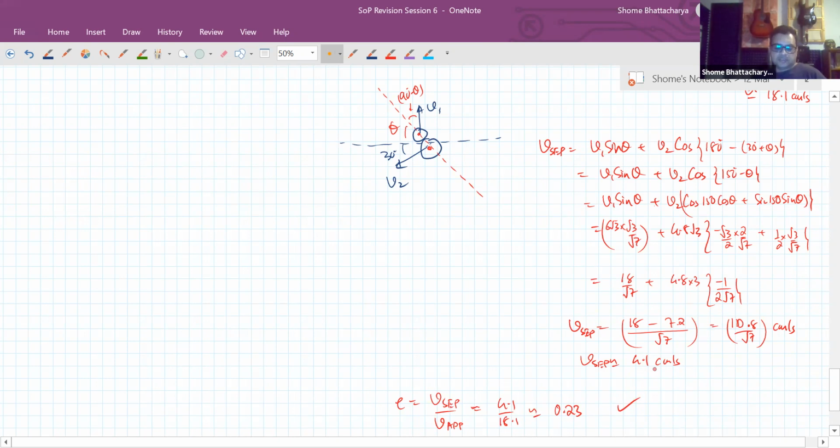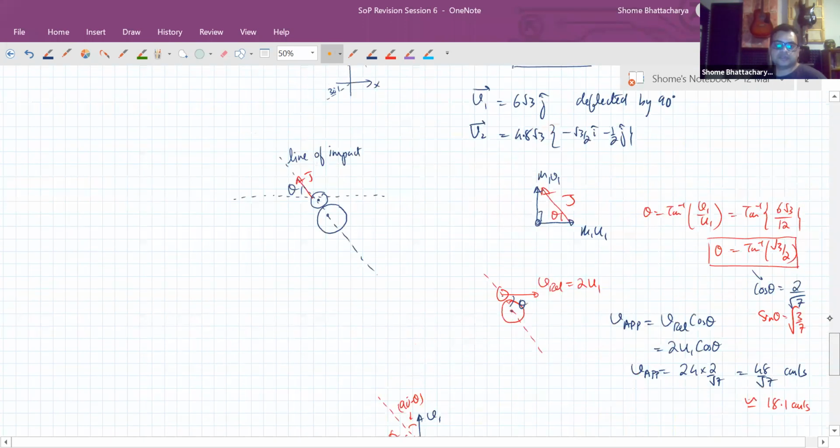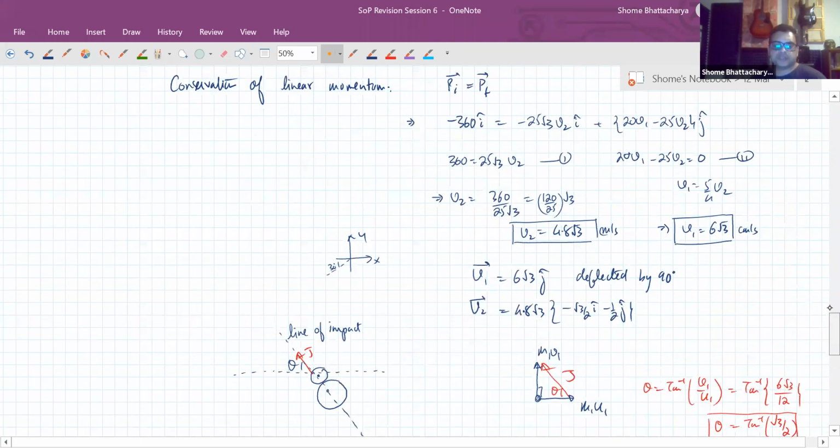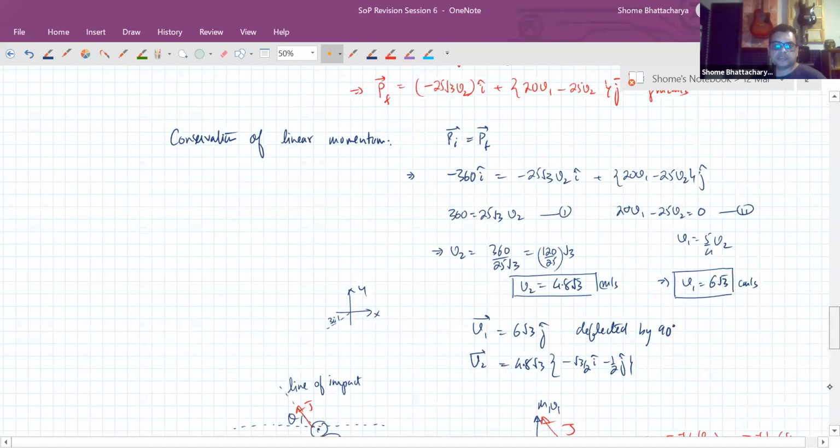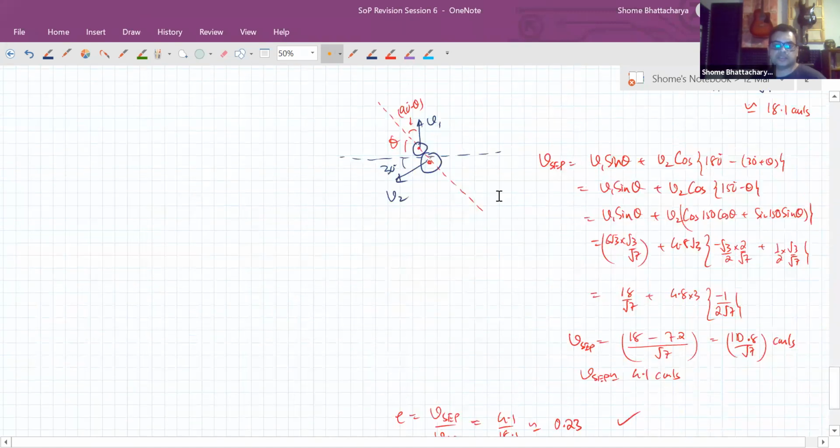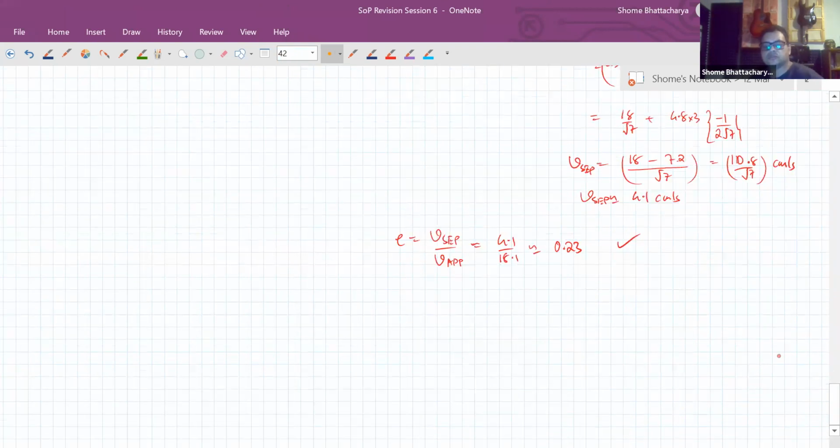This is a somewhat complex kind of numerical problem in 2 dimensions, so it has taken us a bit of time to solve, but nonetheless, this is the general method of solving 2-dimensional collisions between 2 particles. Okay? We'll discuss more about these types of questions. I will just leave you with some time to go through the solution of this whole section first.